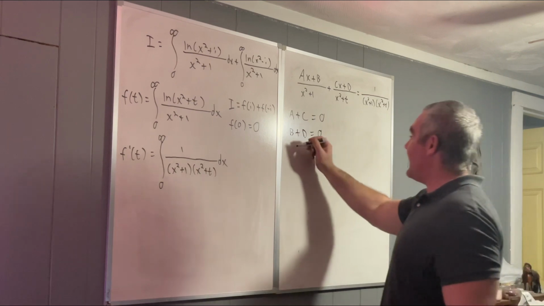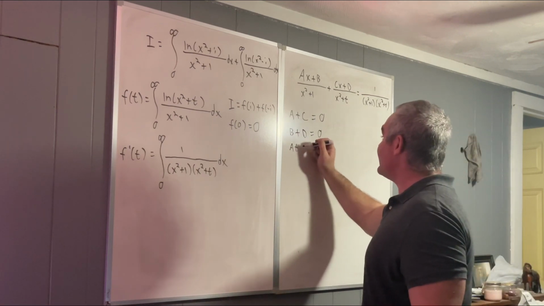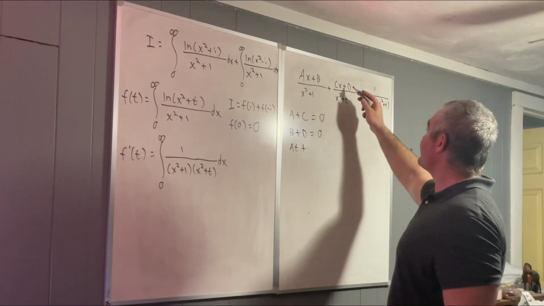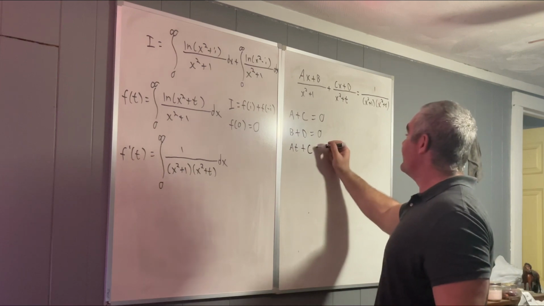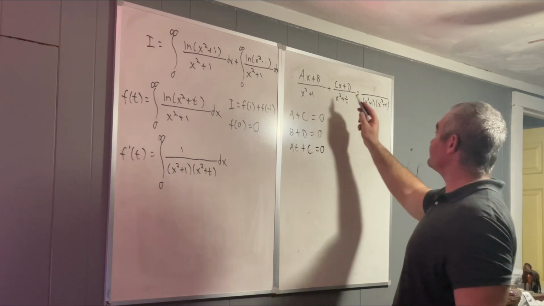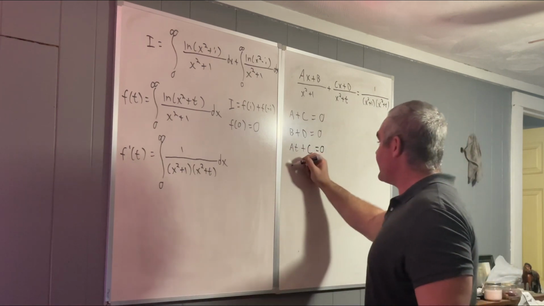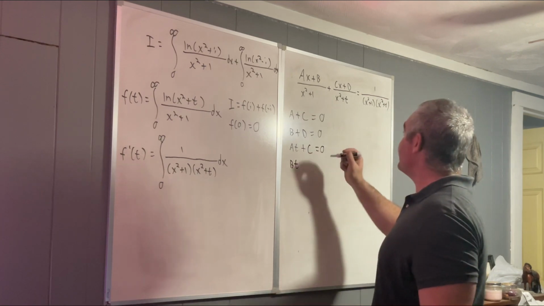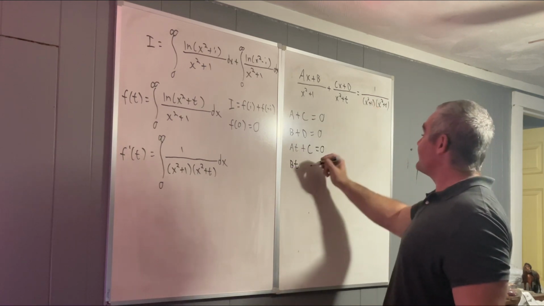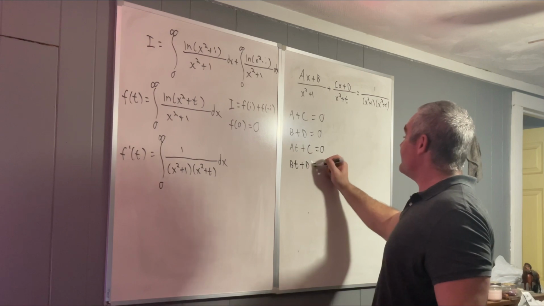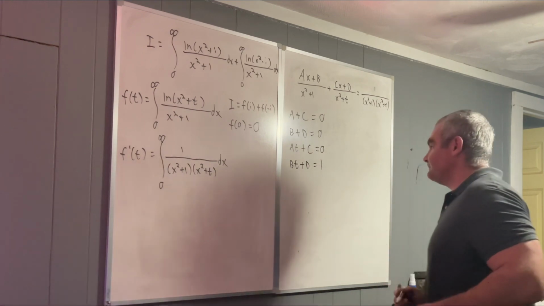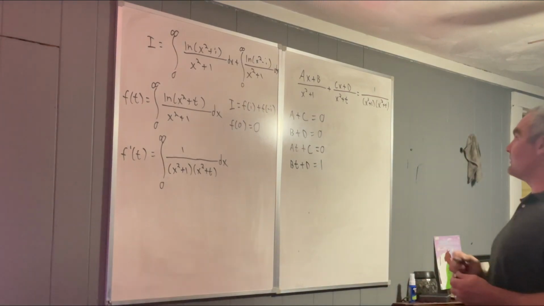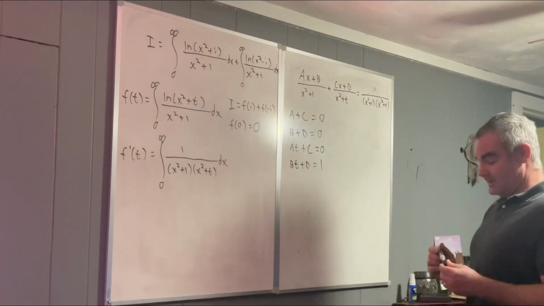Also, we would have a t plus c being equal to 0. And finally, we would have b t plus d being equal to 1, because those are our constant terms, and we do have constant terms.